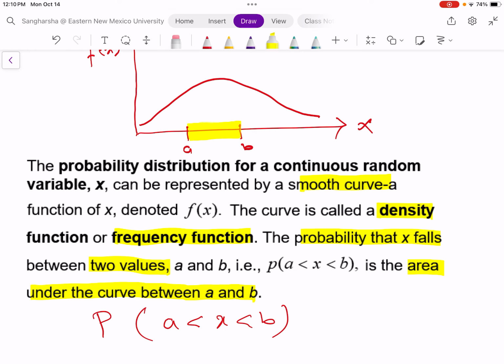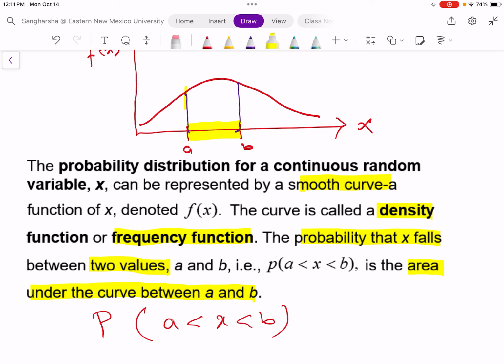Now, what portion of the graph will be in this region? How do we find that? Let's draw a vertical line at a, and a vertical line at b.